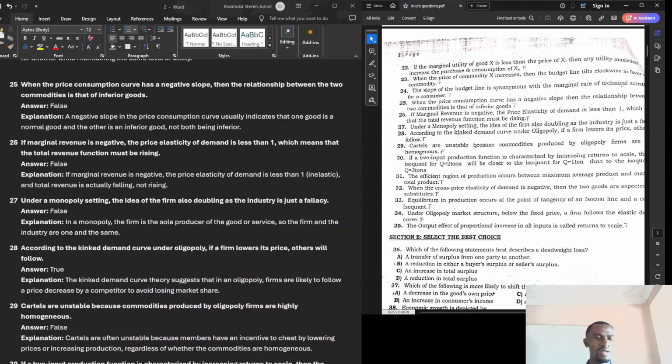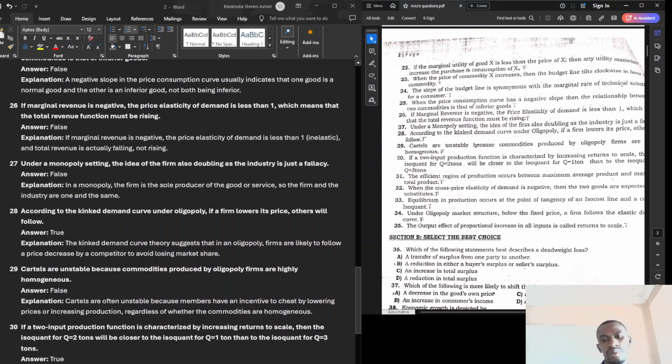And they sign treaties that they will not charge people 50,000. So the agreements are unstable not because they are all buses. We are not looking at the nature of the commodity, but rather they are unstable because you find one company might lower the price so that it gets many customers, or might increase it, regardless of whether commodities are homogeneous.